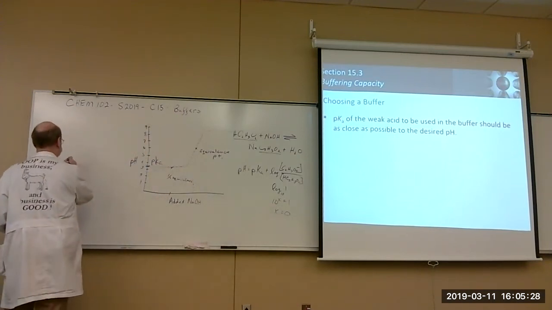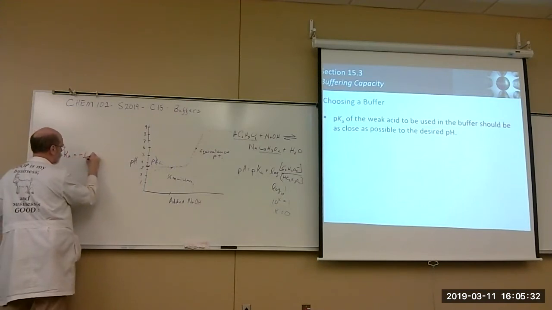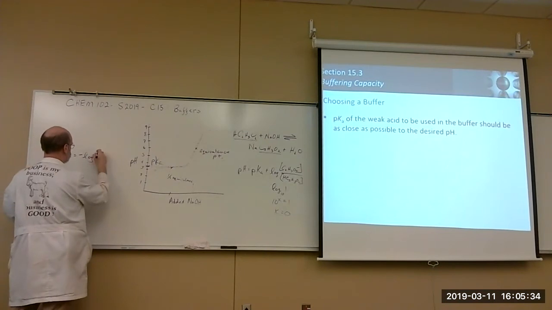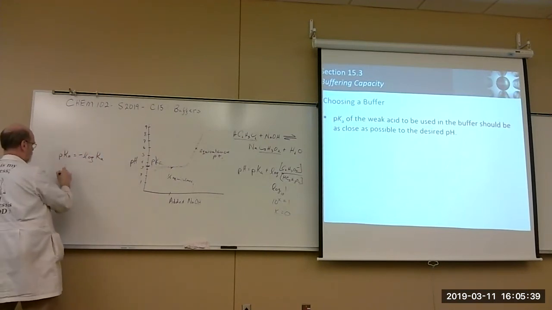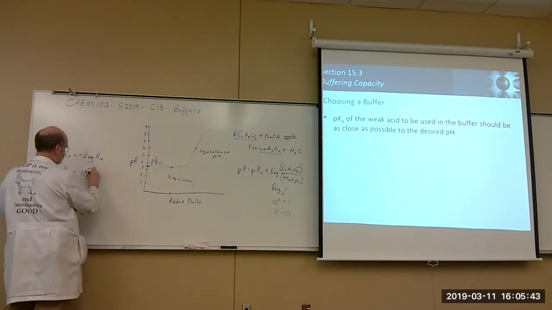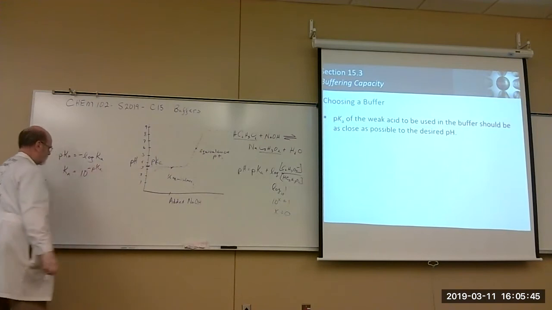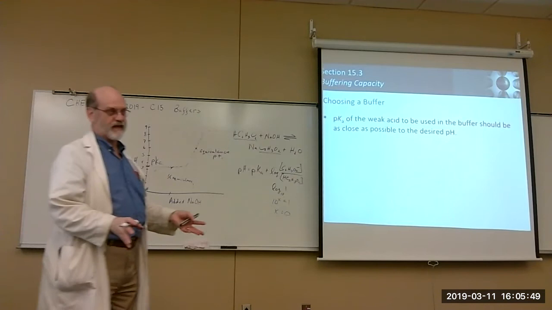And remember, pKa equals minus log of the Ka. Right? So Ka is going to be 10 to the minus pKa. And you can calculate what your Ka is once you find out what the pKa is.